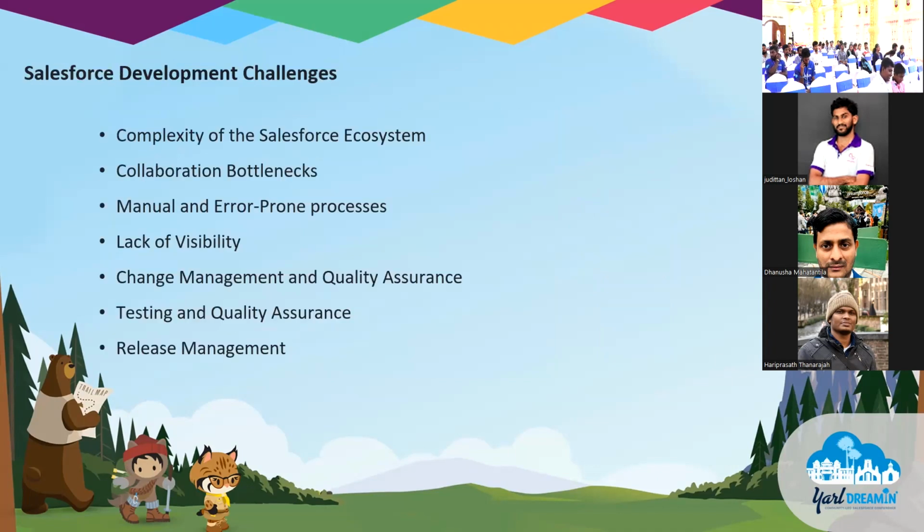So before moving to see Copado related stuff, first we need to understand why we can't use the out of the box development or deployment tool like ChangeSet. What are the challenges you will face when you use ChangeSet? The first thing is the Salesforce ecosystem is complex, right?